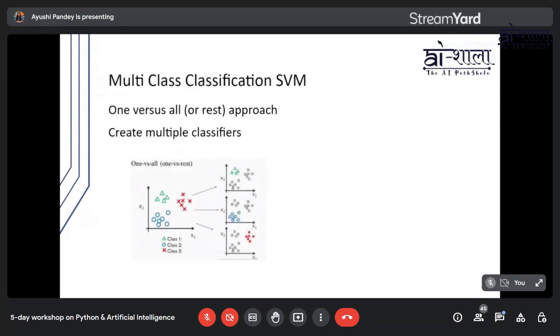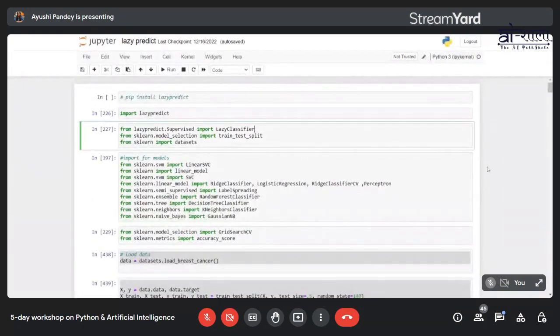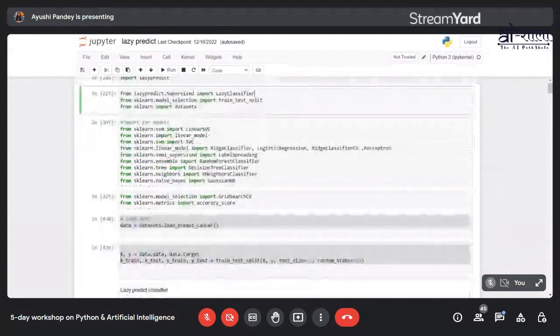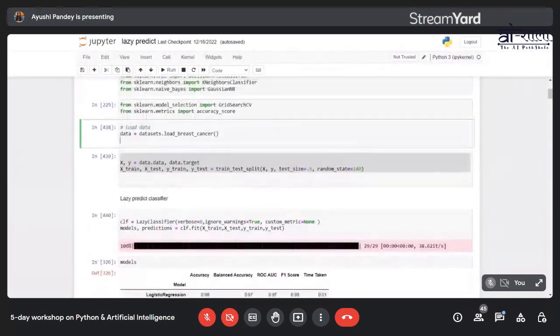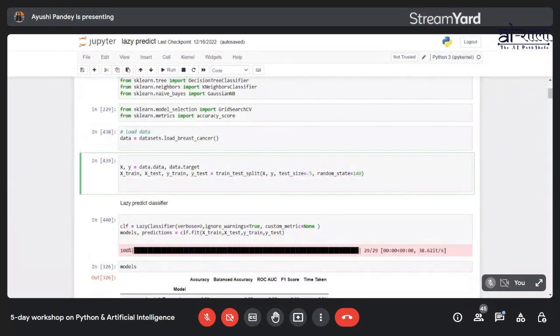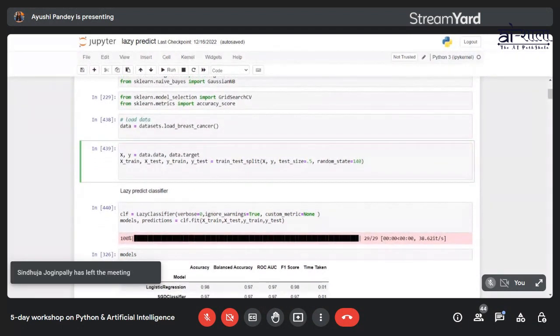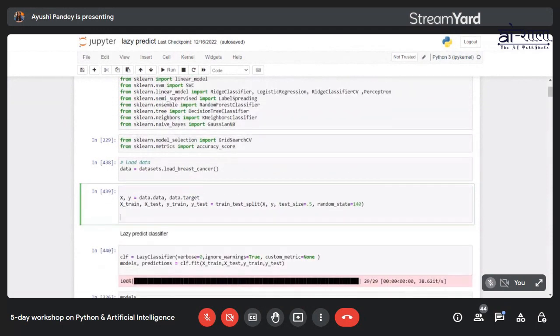So I have one more thing for you guys to see. There is this classifier which is known as the Lazy Predict classifier, and this classifier has been made by one person. I'm taking the same data set as previous.